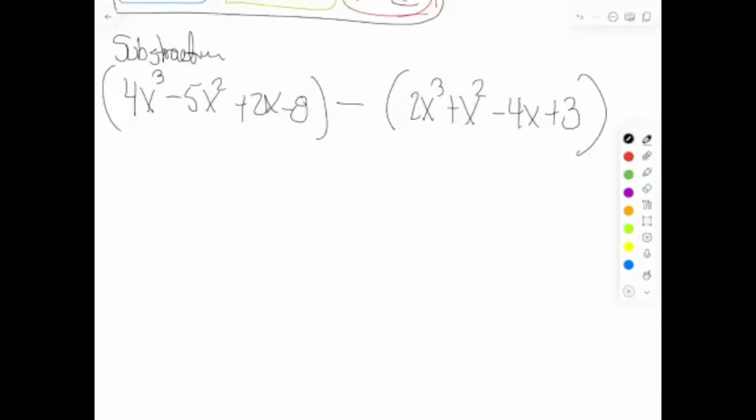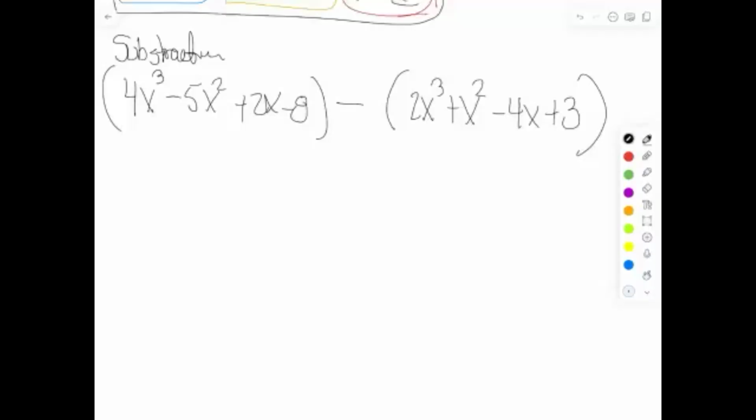What is the first thing I have to analyze? I said it before. Is this a polynomial? Yes. It is. How many monomials does it have? 4. Has 4 monomials.